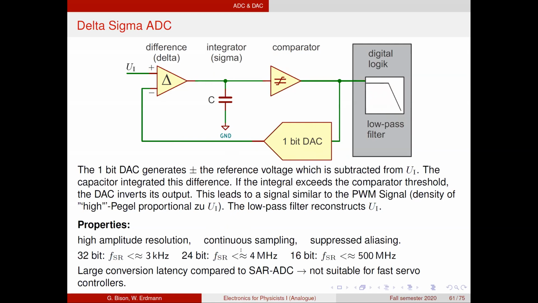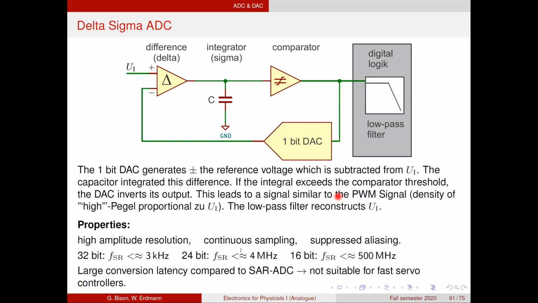And then, of course, we can have a digital low-pass filter that reconstructs our signal. In this low-pass filter, which is typically done in different stages, you also increase the number of bits in the digital representation. So it goes in as a very fast train of 1-bit pulses, and it comes out as a much slower train of digital numbers that then have higher bit resolution.